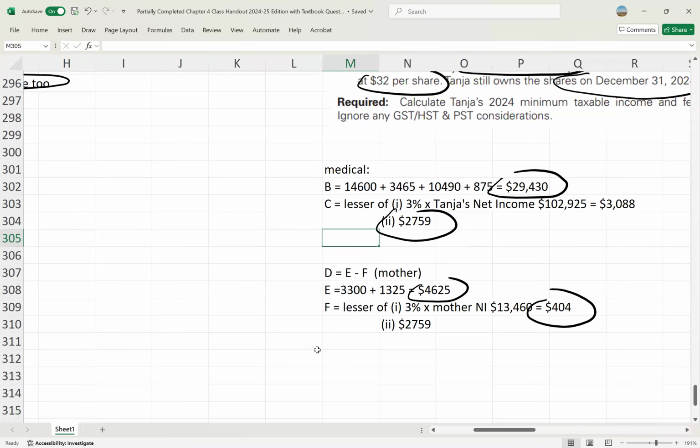So let's type it in so we have it fully. So B minus C, so that's going to be 29,430 minus C, 2,759 plus D. D is E minus F. What is E? 4,625 minus F, 404.